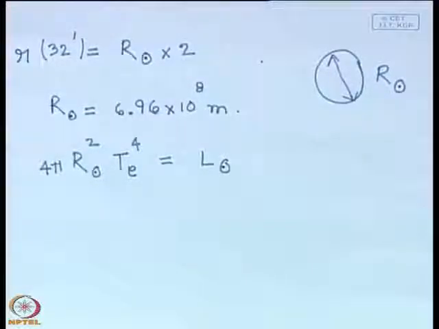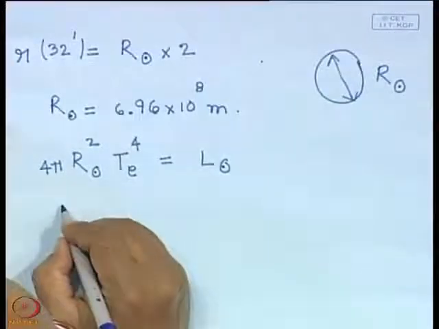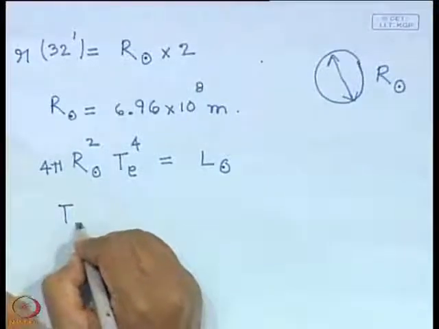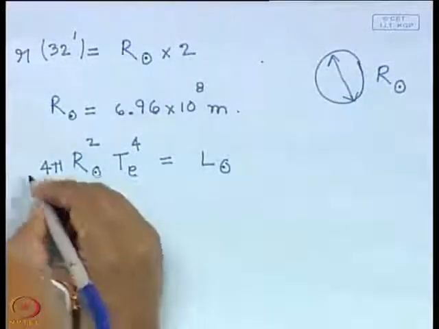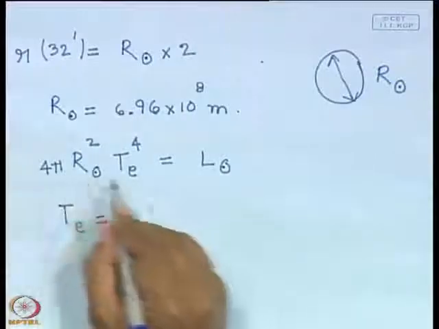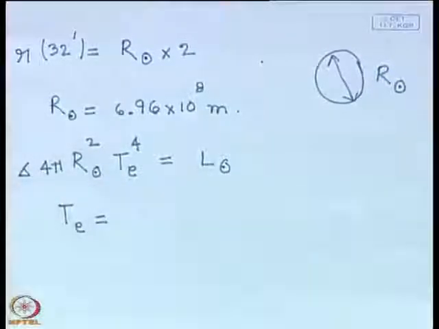Okay. And so you put in the values again here. So the effective temperature, if you calculate it, you have to put in the surface area into the temperature to the power 4 into the Stefan-Boltzmann constant sigma.